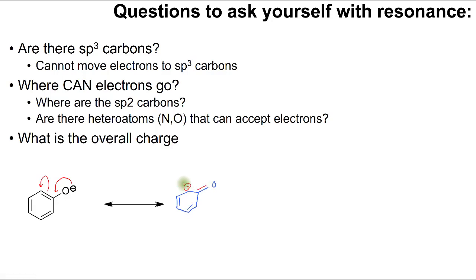And I can go around the ring with that. So these electrons can form a double bond, and these electrons that are in this double bond right here can go on to that carbon. And then I can push these into this bond.